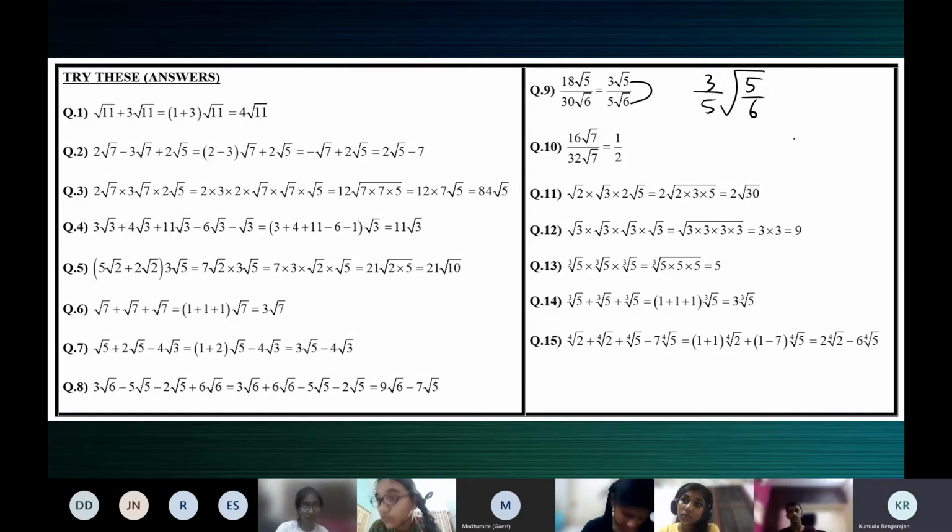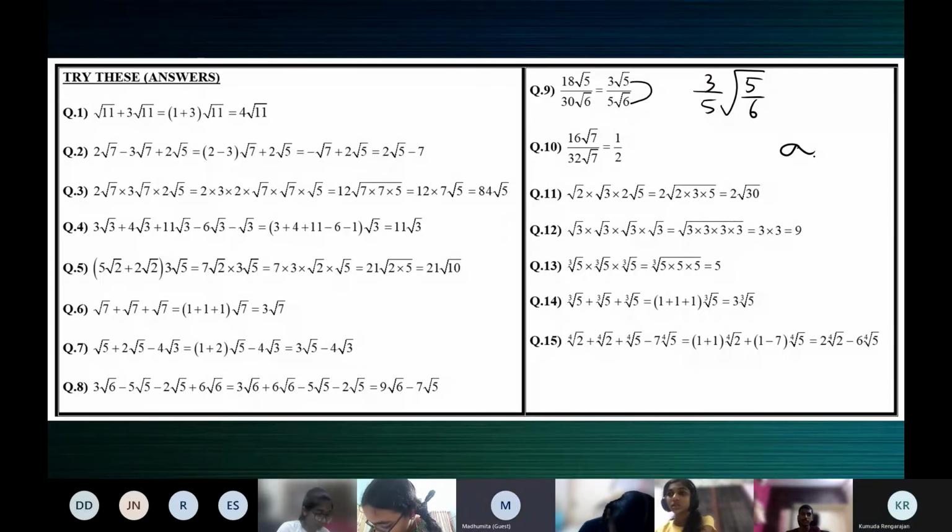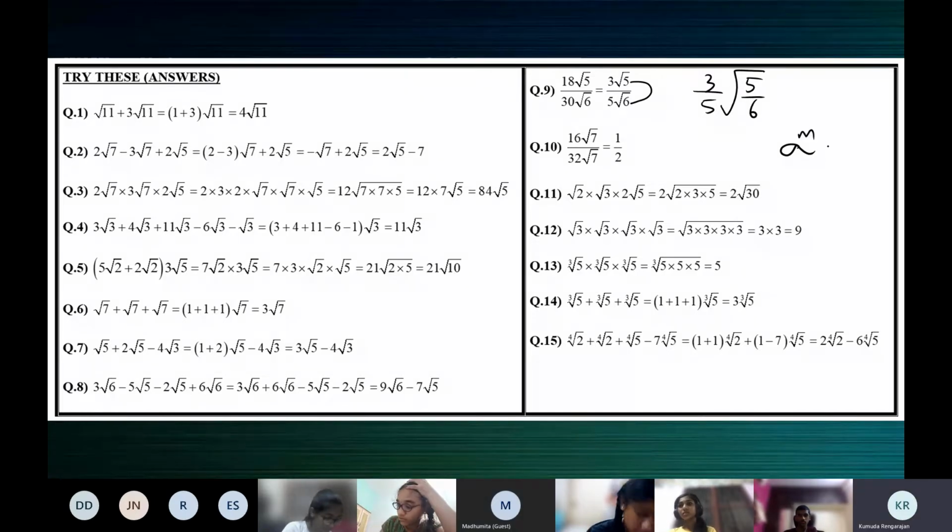But where are you seeing a to the power? Which is the common base here? Yes, ma'am. Now I understand. No, you're right. A power m divided by a power n is a to the power m minus n. But there's no common base here.